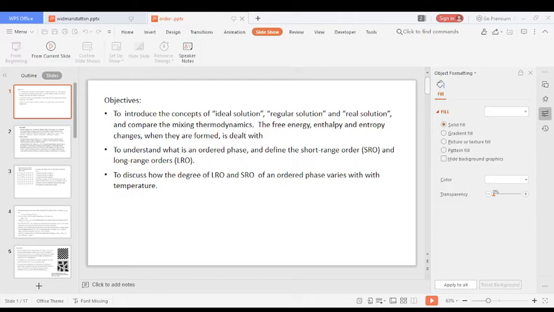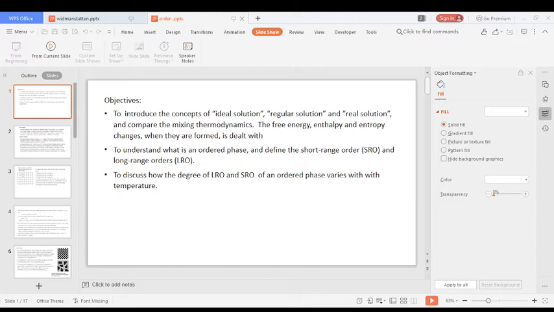Then delta H mixing is equal to PAB epsilon, which is equal to the interaction parameter omega times XA into XB. XA and XB are again the mole fractions of A and B in the solution.